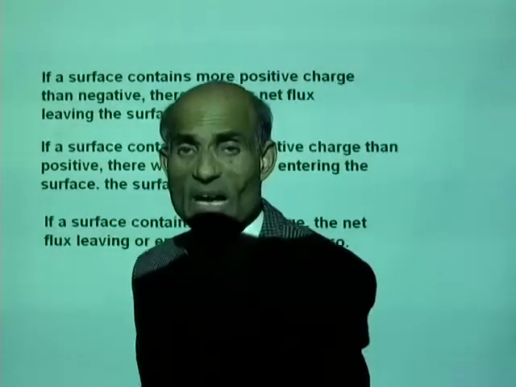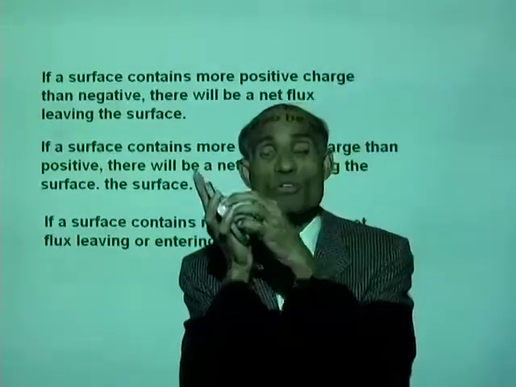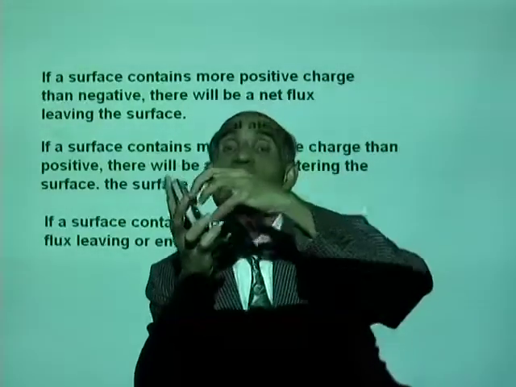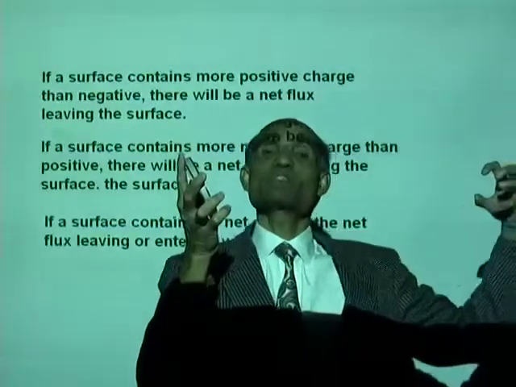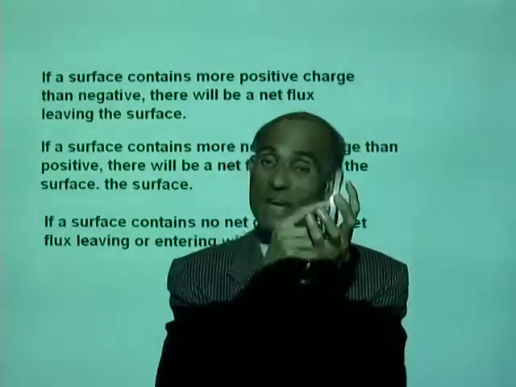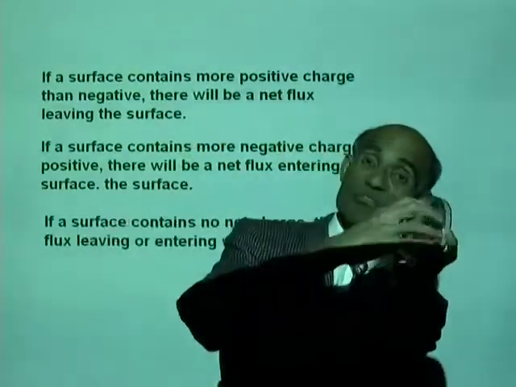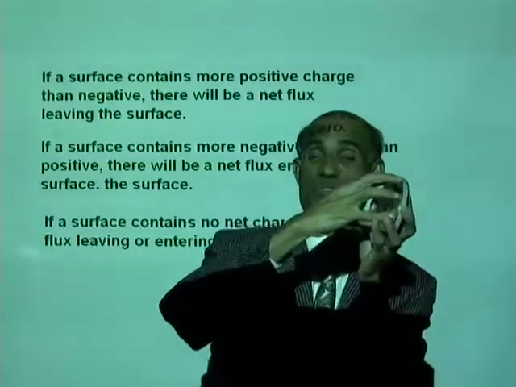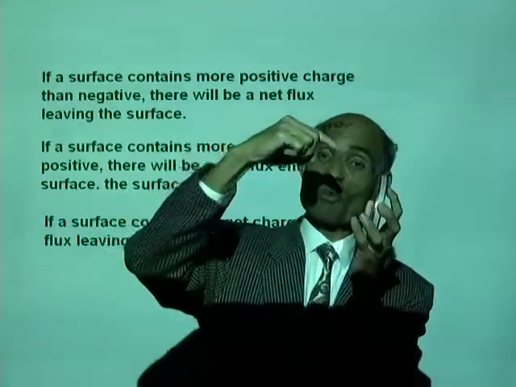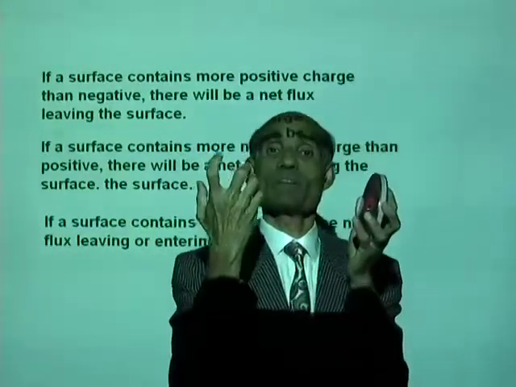What it means is that if this surface contains more positive charge than negative, then there will be a net flux leaving that surface. If this surface contains more negative charge than positive, then there will be a net flux entering that surface. You understand the meaning of flux? It's the number of lines of force that will be either entering or leaving.